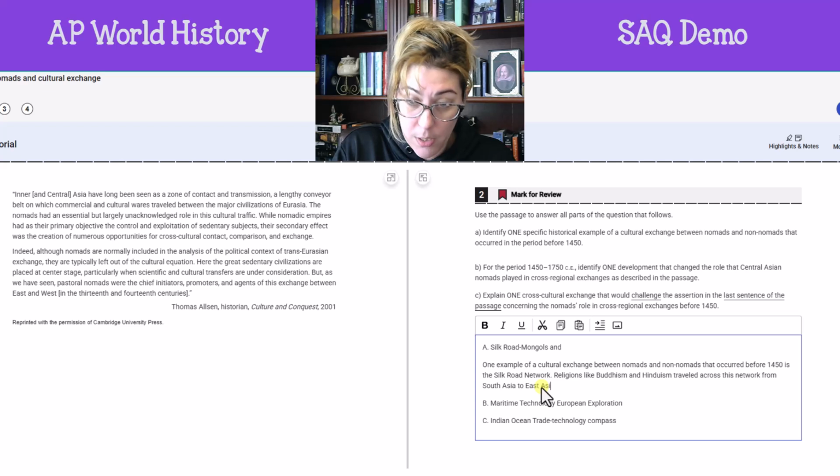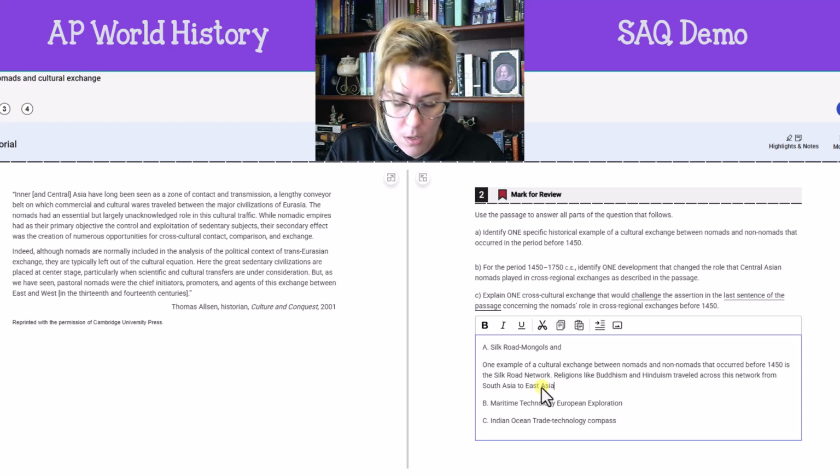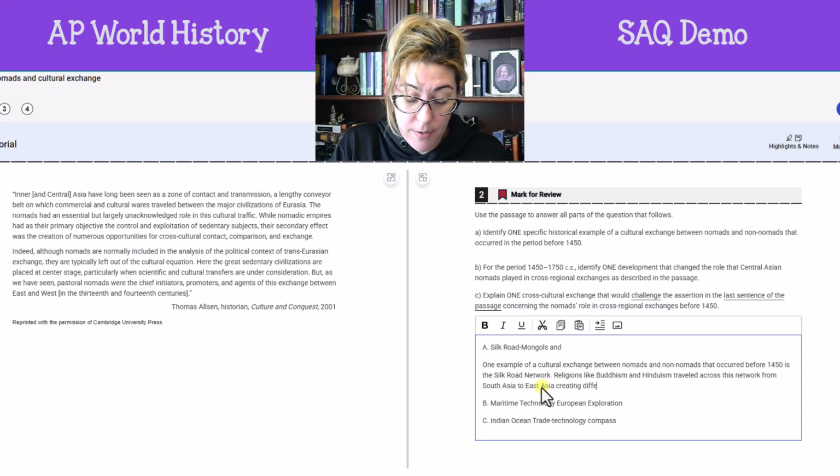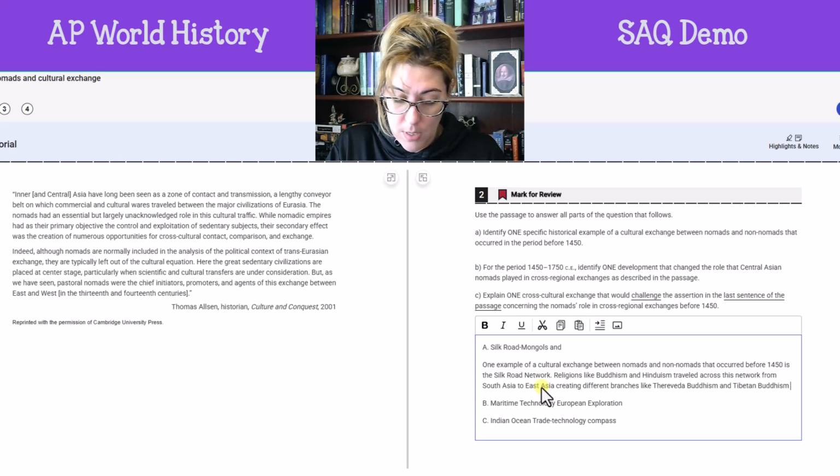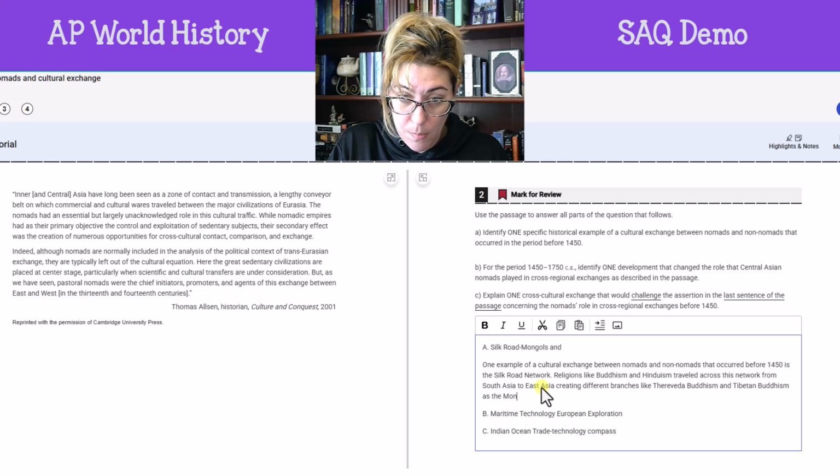And East Asia, creating different branches like Theravada Buddhism and Tibetan Buddhism as the Mongols helped keep merchants safe on the Silk Road.